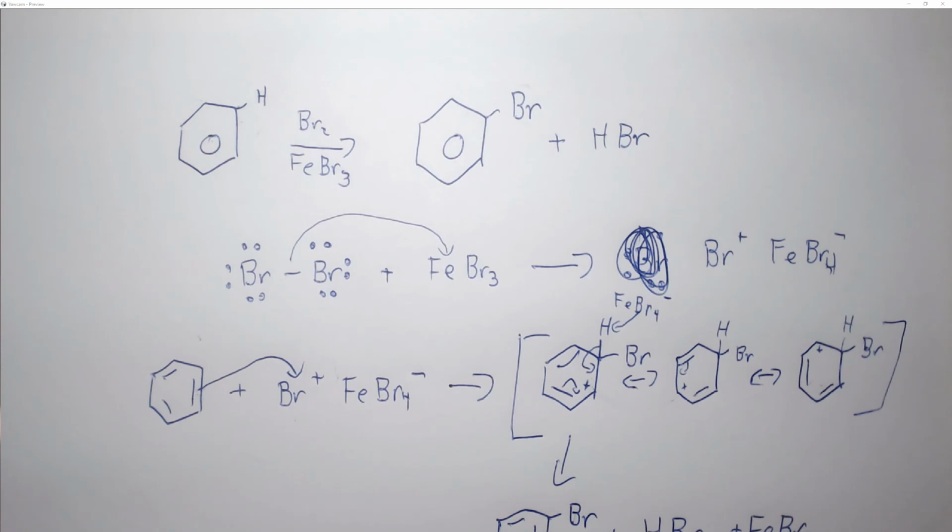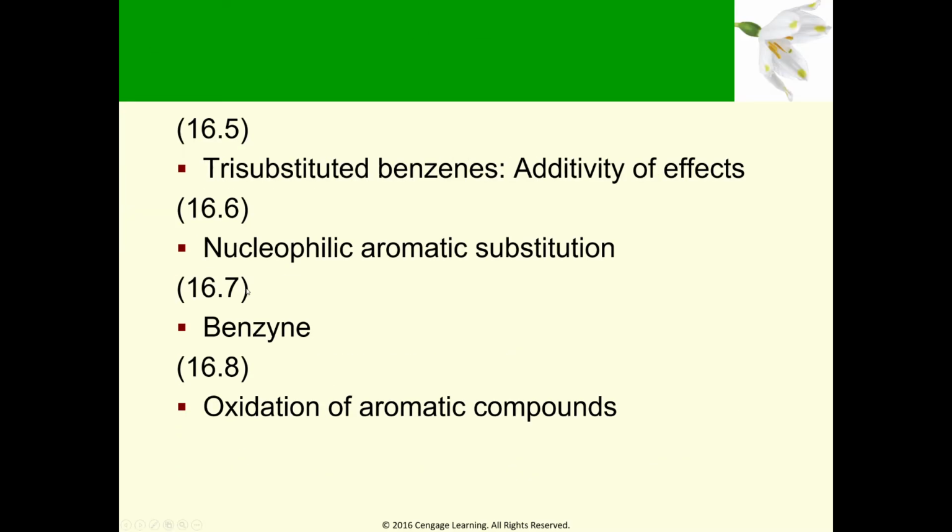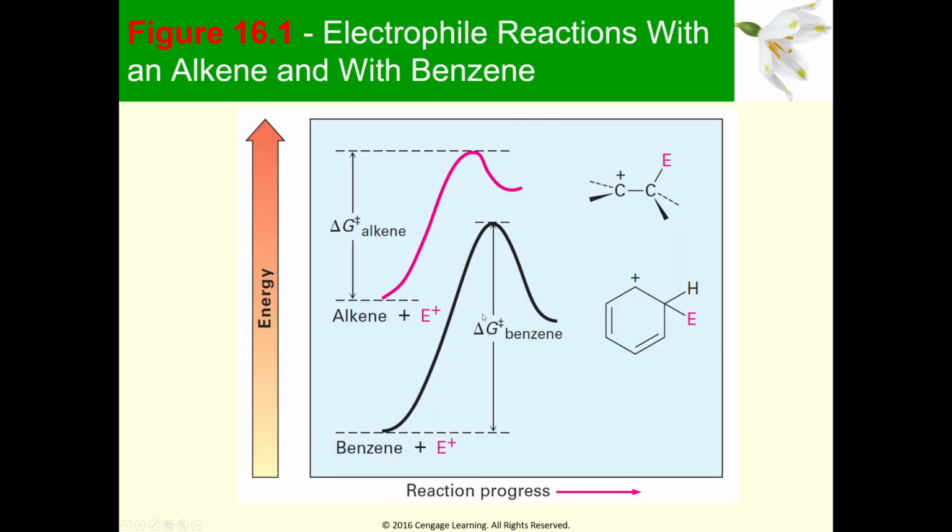Now, one thing I need to show you is, what about the rate of this chemical reaction? And this gets back to some thermodynamics/kinetics that you have learned in general chemistry. Let's look at an alkene example and a benzene example. Remember that the rate of a reaction depends on the activation energy.